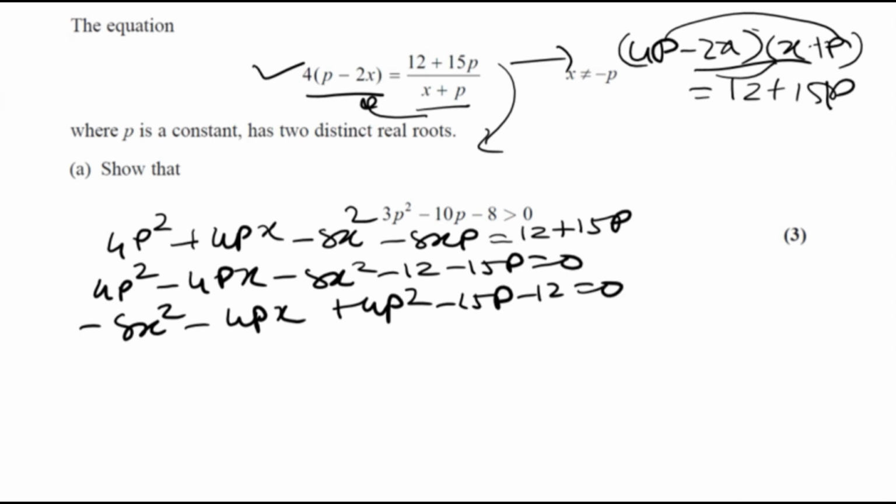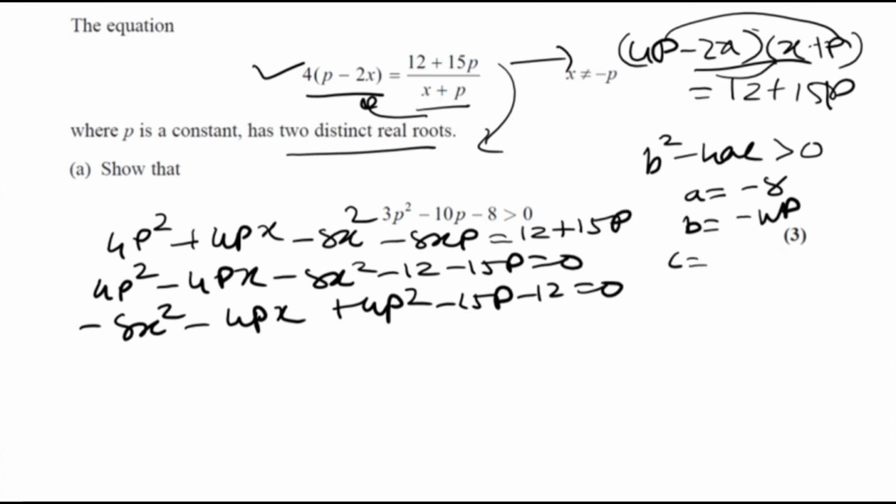Now we know this equation has two distinct real roots, means b squared minus 4ac is greater than 0. So here we have to find our a, b and c, and we have to substitute. So here my a is minus 8, my b is minus 4p, and my c is 4p squared minus 15p minus 12. Okay, I am substituting in this equation.